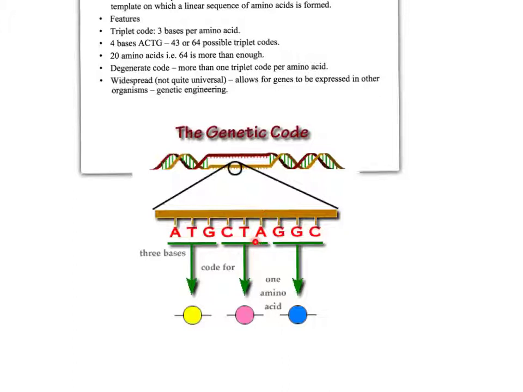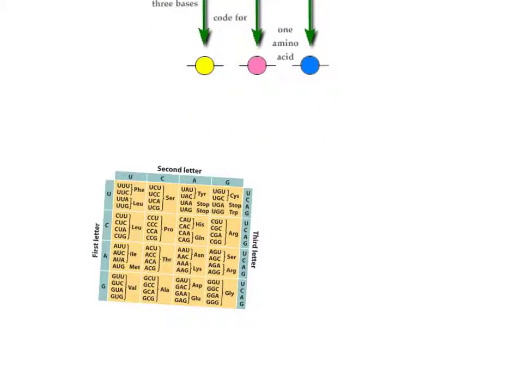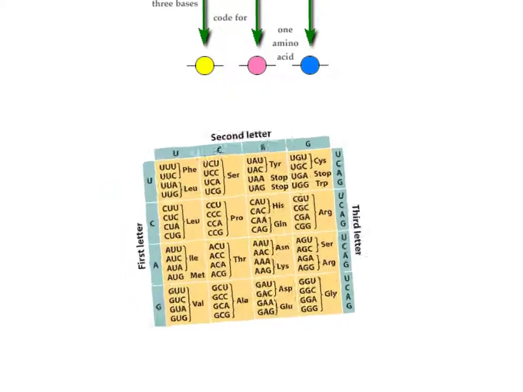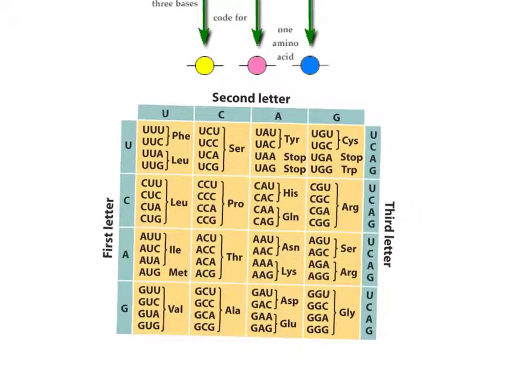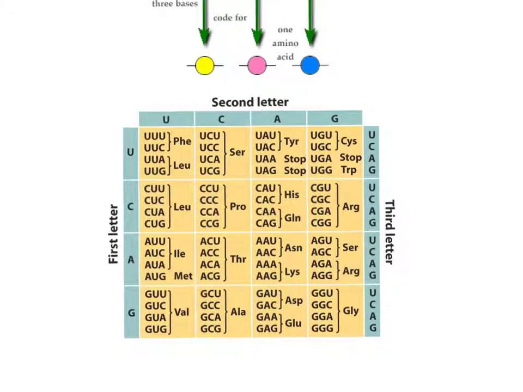If I start to look at the actual genetic code itself, you don't have to know any of these, but there are interesting features to look at. This shows you the actual codes for all of the amino acids.